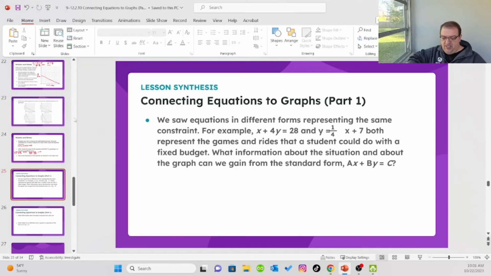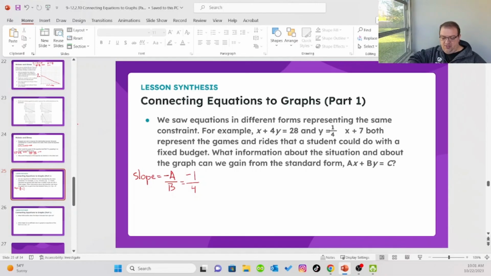Again, what we have seen is that our slope equals negative a divided by b. So if we look here, my a is 1, so that's negative 1. My b is 4. So I have a slope of negative 1/4.